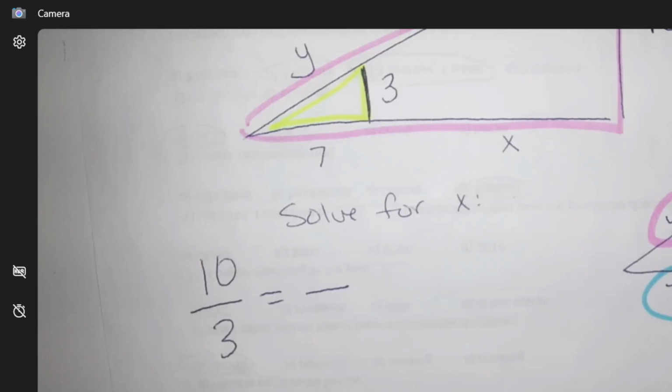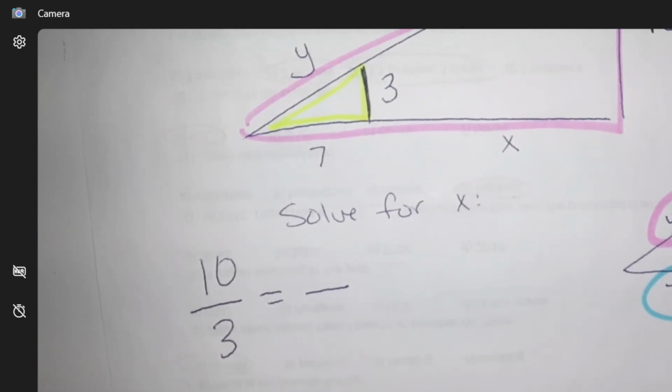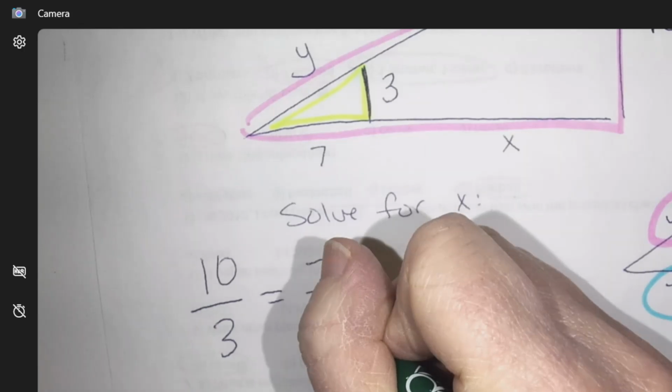So somebody else could have done 3 and 10 as long as they're making the other one the same. Okay, so I did this 10 to this 3, and I'm trying to solve for x. So now the what over the what matchup? 7 plus x over 7.